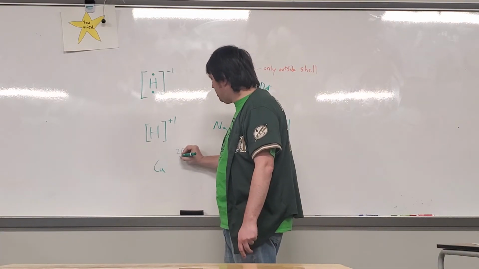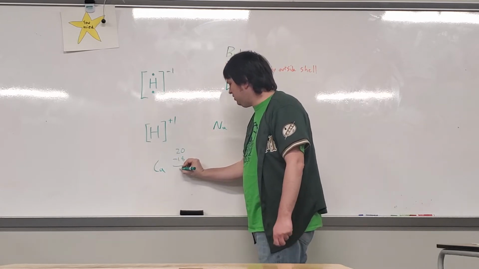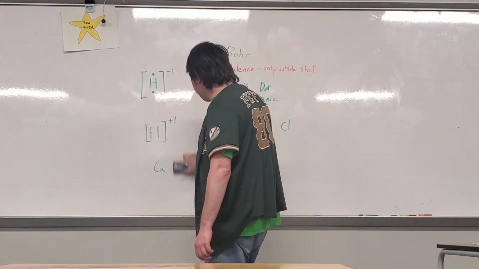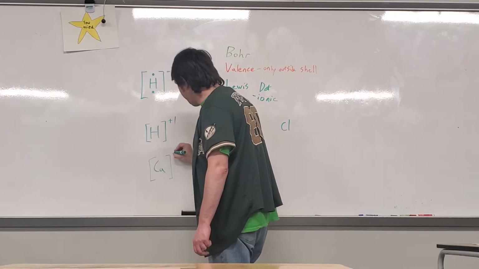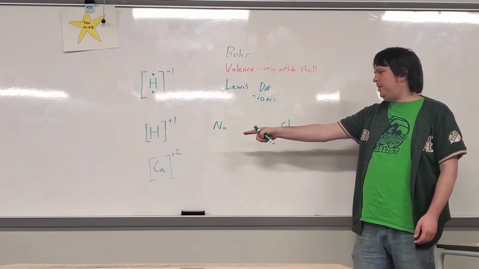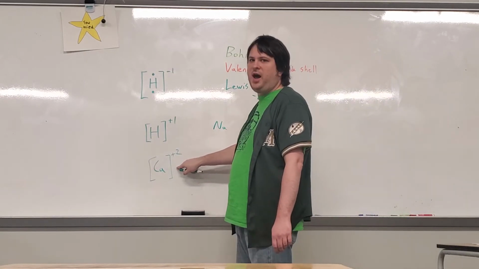So 20 protons minus 18 electrons gives you 2. So calcium will often form a double positive ion, a +2 ion.